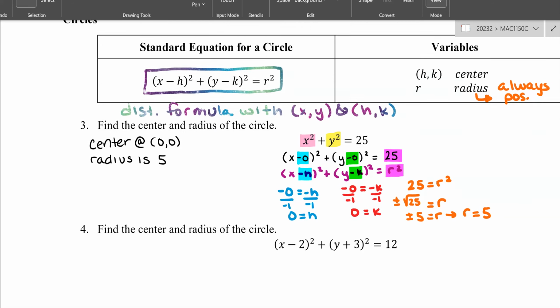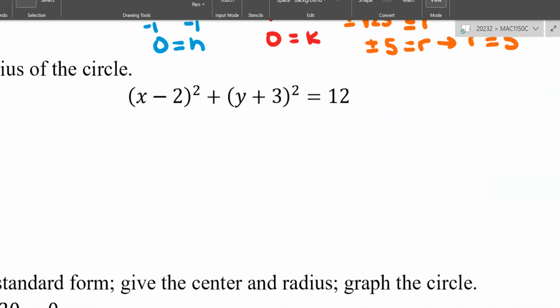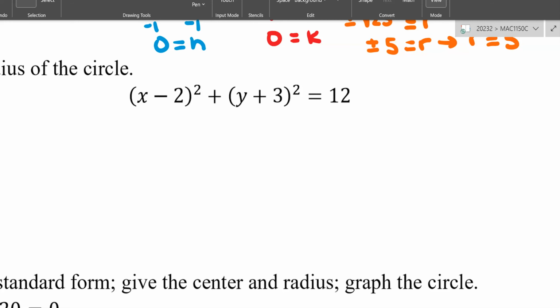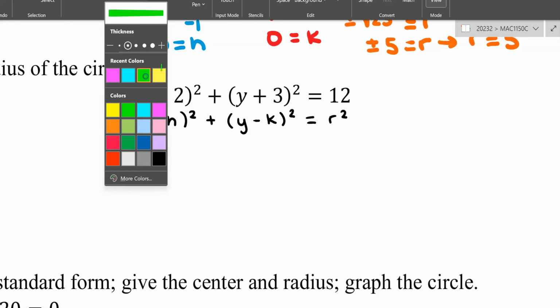Okay, let's try another one. We're going to line it up again with the standard form of the equation. So remember, the standard form of the circle is x minus h squared plus y minus k squared, and that's equal to r squared. So let's make our 3 equations.